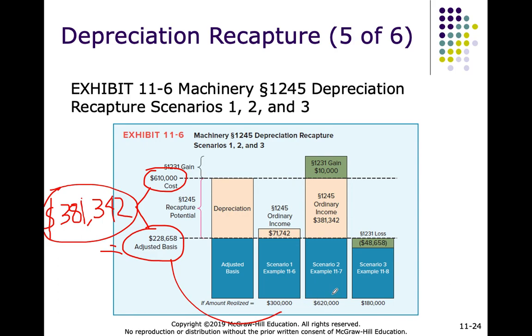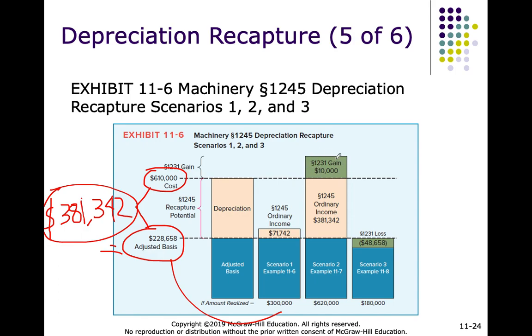We sold the asset for 620,000. So we have realized a gain of 391,342. So up to the previous depreciation taken, that will be taxed as ordinary income, and any excess will be 1231 gain, meaning long-term capital gain.